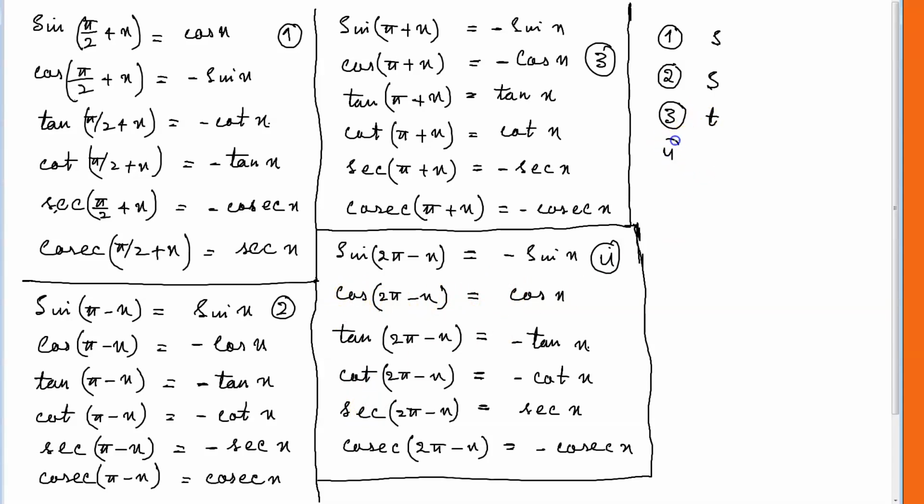So that means that I have cos and secant, so C. So now I can get rid of these numbers, and I can simply remember this as SSTC.